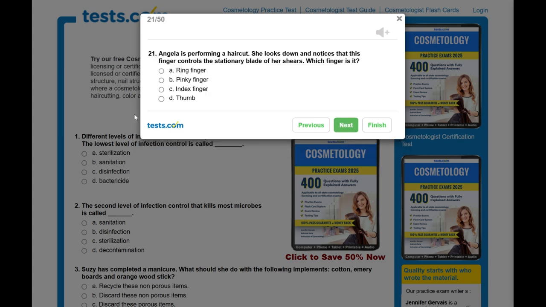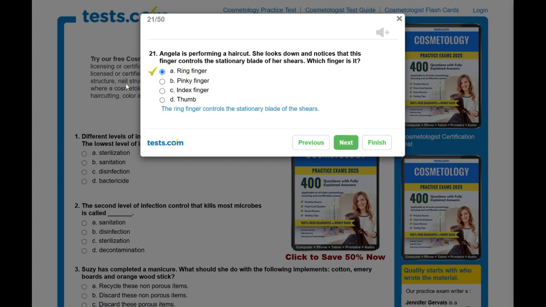Question 21. Angela is performing a haircut. She looks down and notices that this finger controls the stationary blade of her shears. Which finger is it? A. Ring finger. B. Pinky finger. C. Index finger. D. Thumb. A. Ring finger. The ring finger controls the stationary blade of the shears.